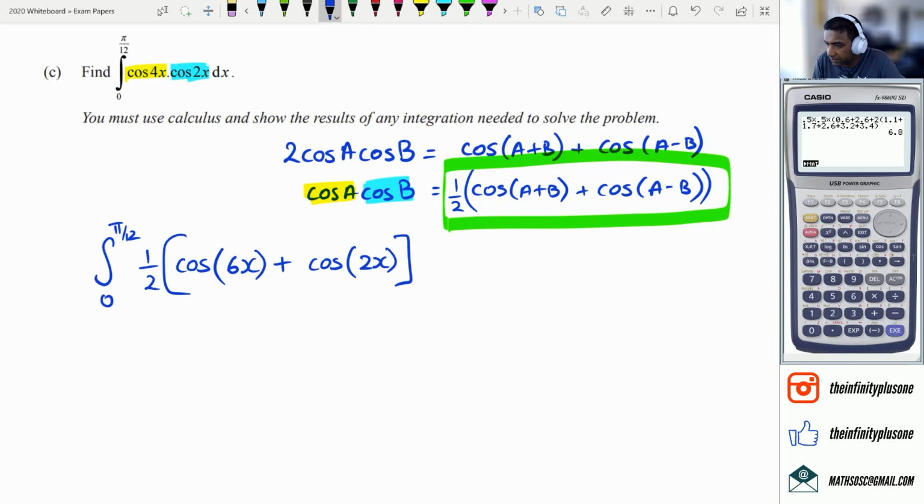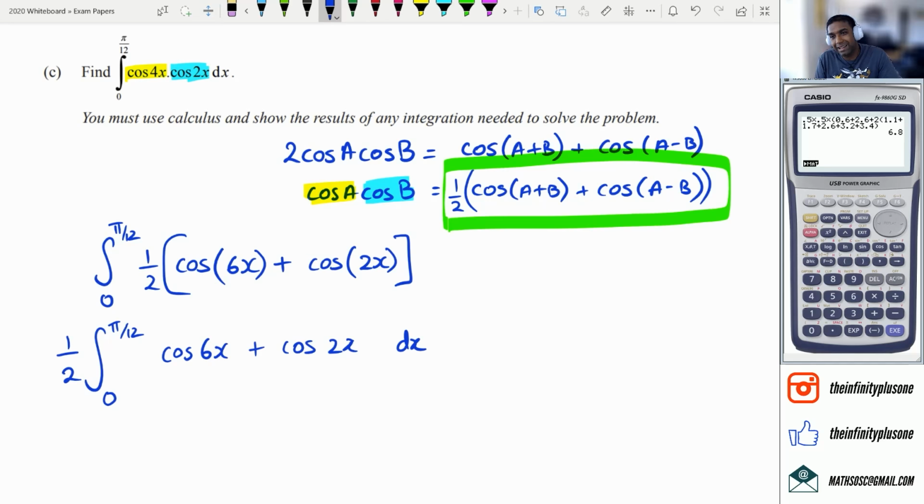Because that half is in front, I can take the half out of the integral, and I'm going to end up with half of the integral from 0 to pi over 12 of cos of 6x plus cos of 2x. And of course, don't forget the dx there as well.